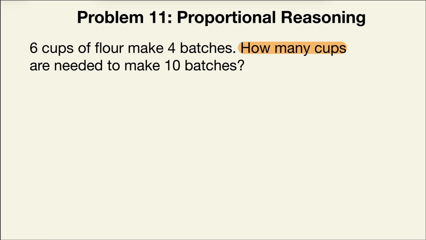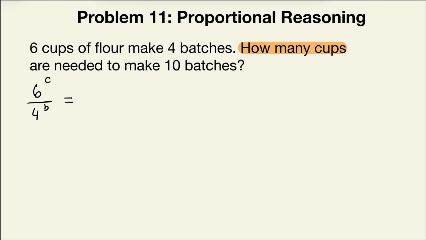And so we have 6 cups, and I'll place a small c here so we can keep track of our units. So that's 6 cups of flour make 4 batches. So that is 6 to 4, and I'll place a small b here. So this is our given ratio, and that's equal to the second given ratio. How many cups?